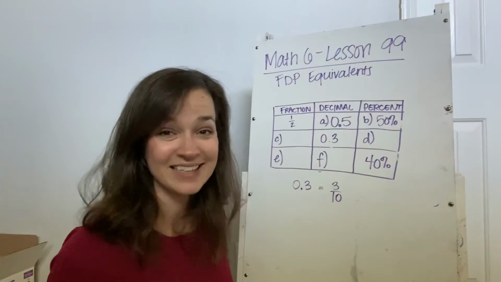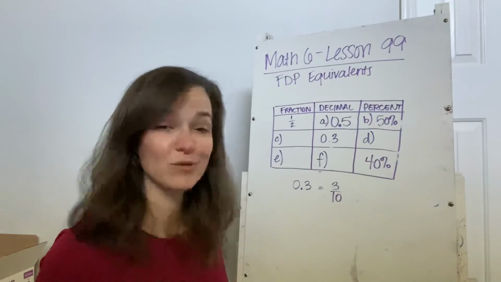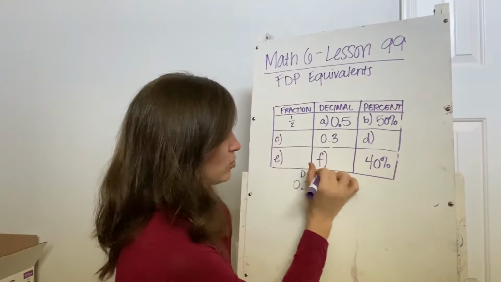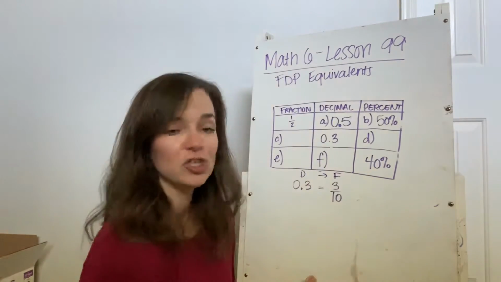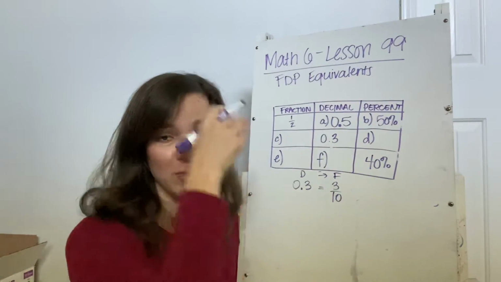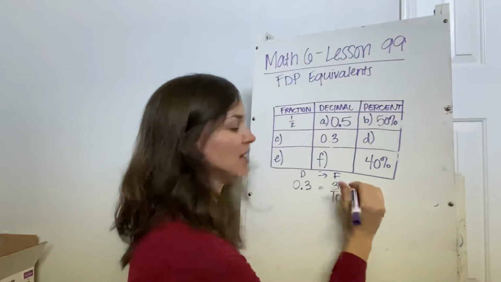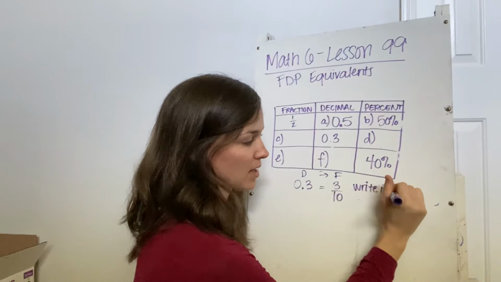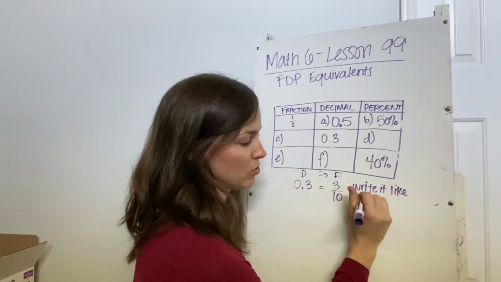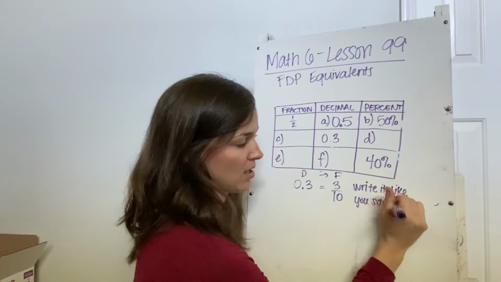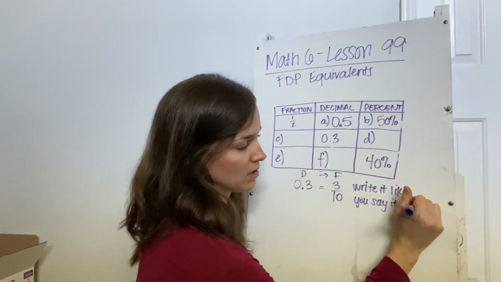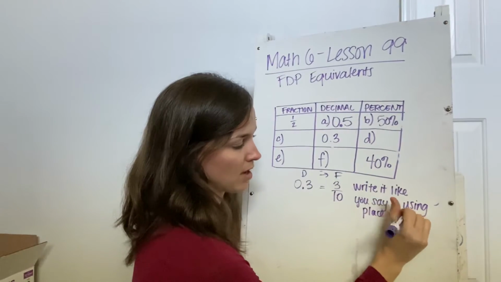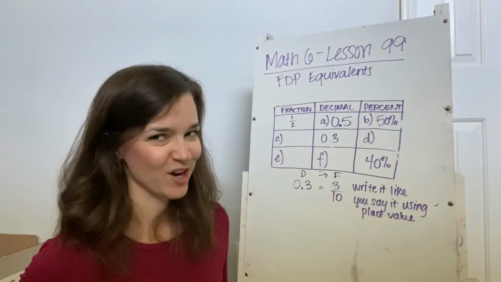Just by reading it the way that it sounds using place value, you've turned it into a fraction. So to go from decimal to fraction, you just write it like you say it. Remember, that's the rule we always said for those, using place value. Write it like you say it, using place value. Okay? Awesome. So we're getting close.